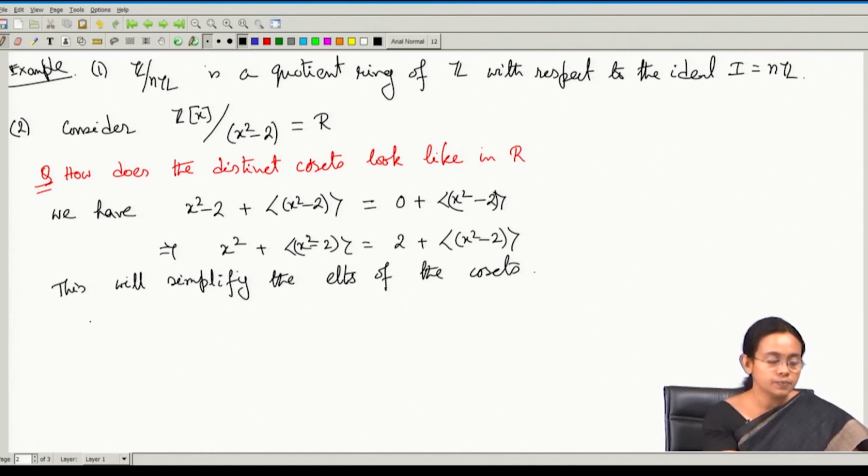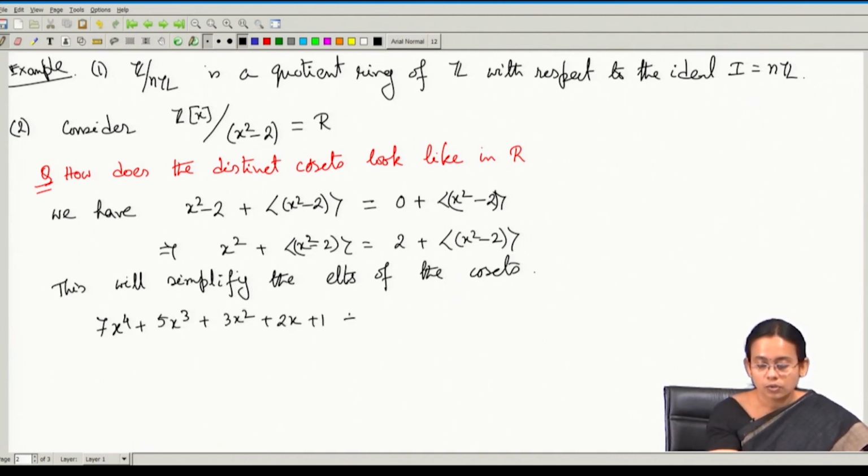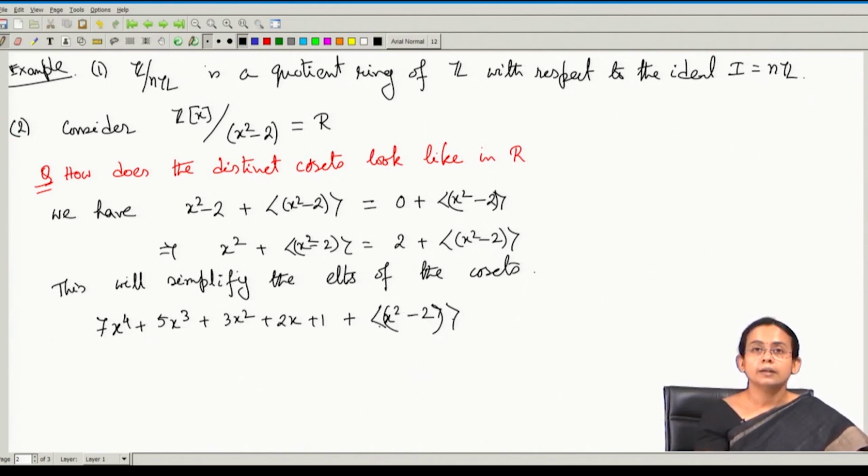So, how does it simplify? Let us see with an example how this simplifies the structure. Suppose I consider the following polynomial, 7 x to the power 4 plus 5 x cube plus 3 x square plus 2 x plus 1. Consider this element in the corresponding left coset.